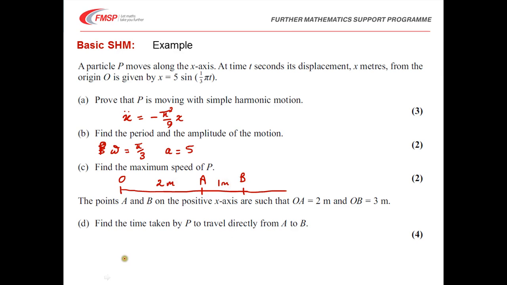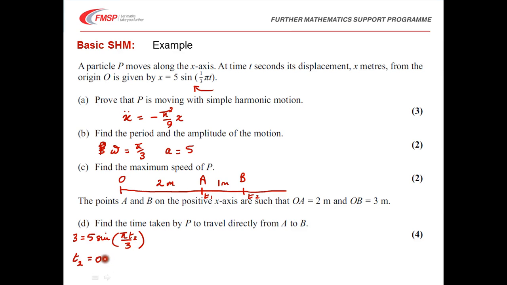Time taken to move directly from A to B. We can use this original equation again to show that. So if we say that it's at A at time t1 and at B at time t2, then we know that 3 equals 5 sine pi t2 over 3. And again, checking our calculator is in radians mode, we can solve that.